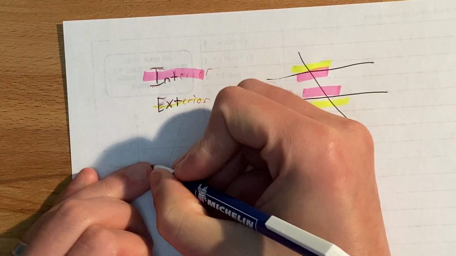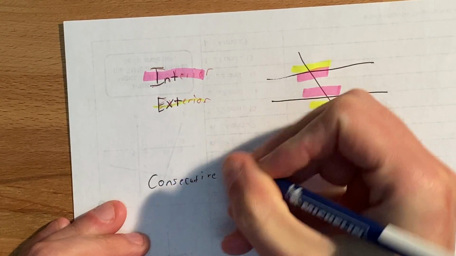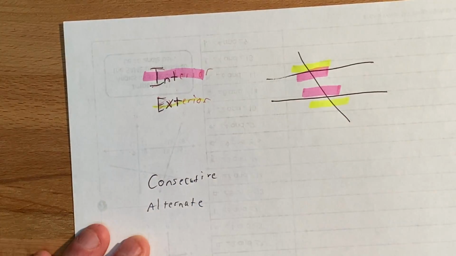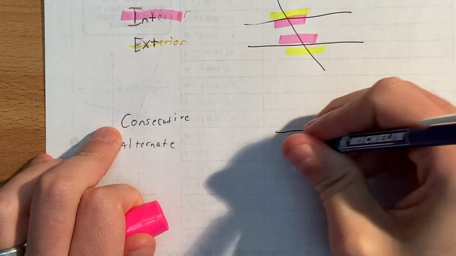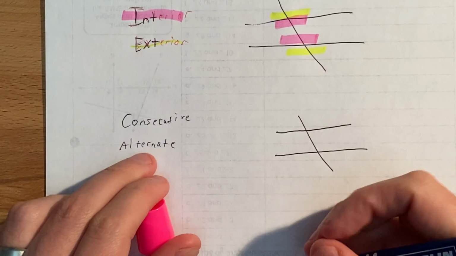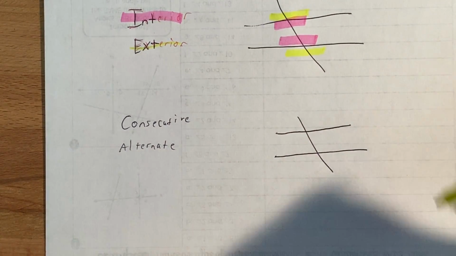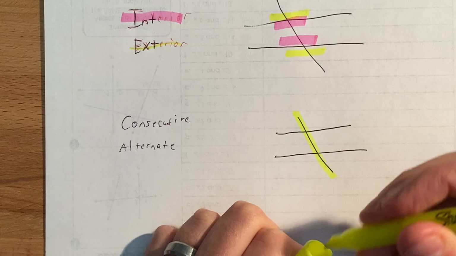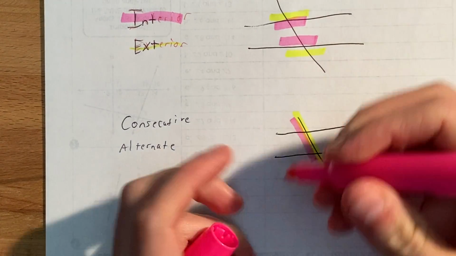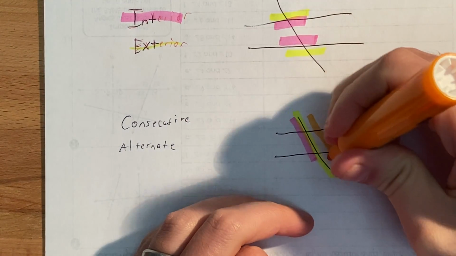The other two things are consecutive and alternate. So the word alternate you've probably heard before. When you alternate people, you're doing one and then the other. It's the same thing here. If you're talking about the transversal, alternate means one of them is happening on this side and then the other is happening on the other side.